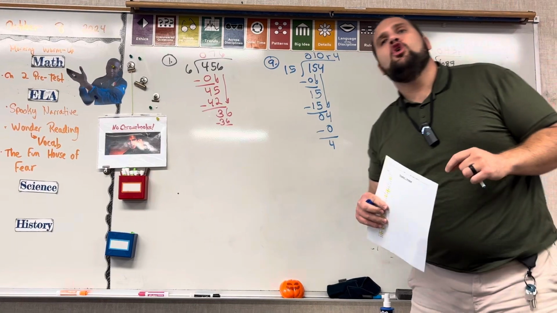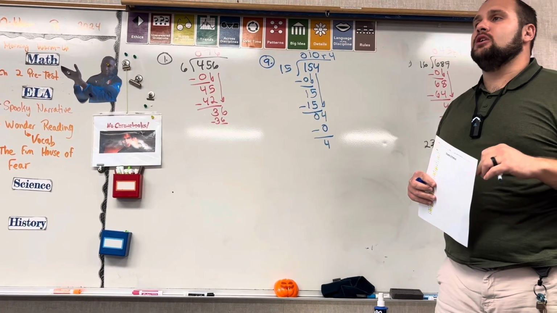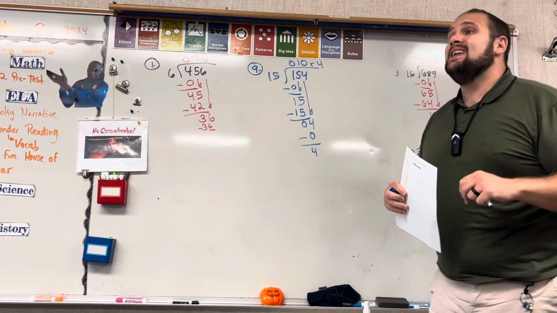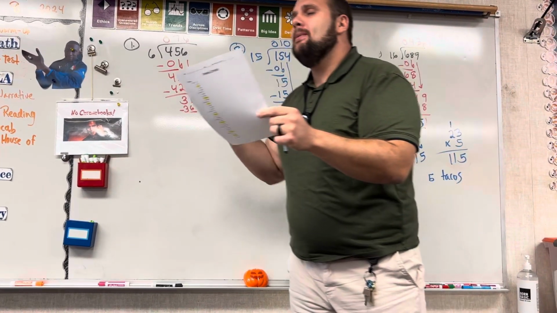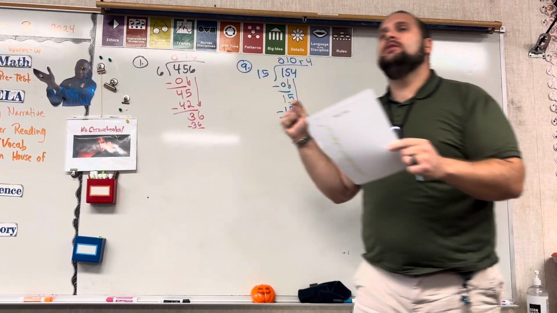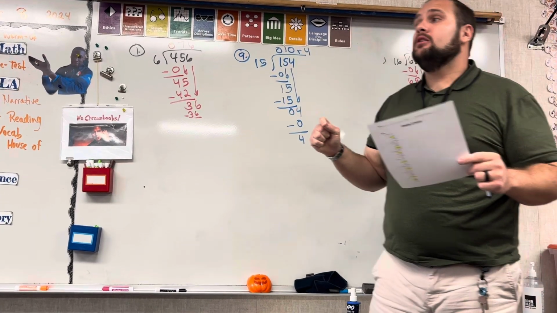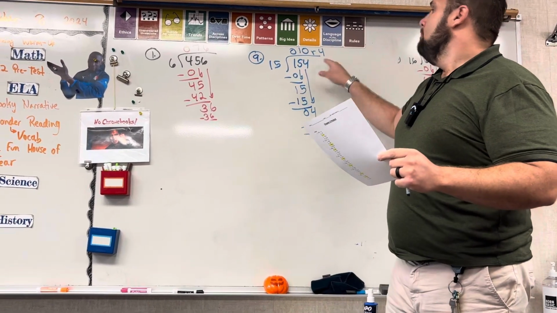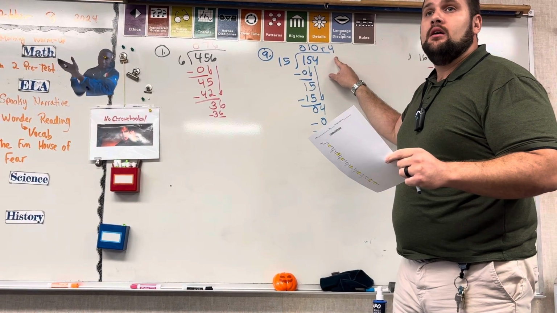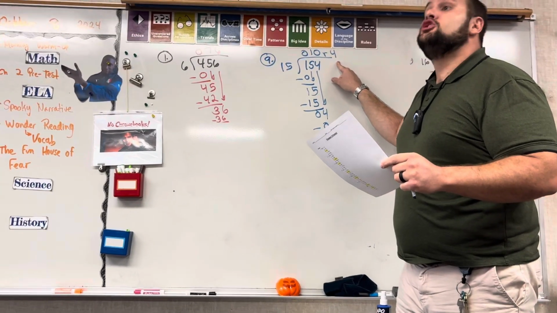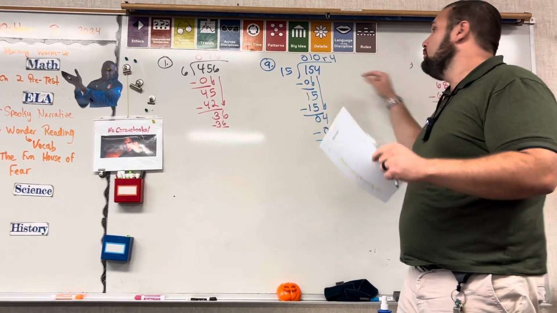Most of you guys told me, oh, 10 remainder 4 is the answer. Yeah, but it's not the right answer because what are they asking? How many rooms will Michael need to get? Some of you are saying he needs 10 rooms. But what about these 4 people? Where are they going to stay? Out on the street? Yeah. So you need to have an extra room for these 4.